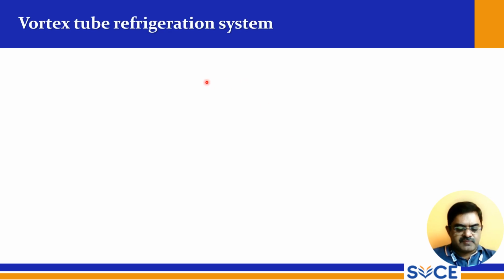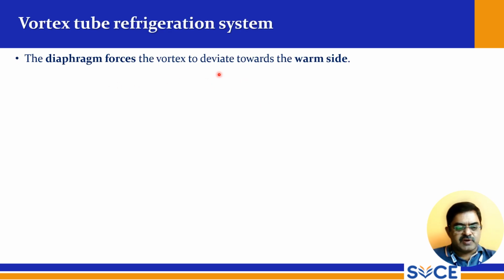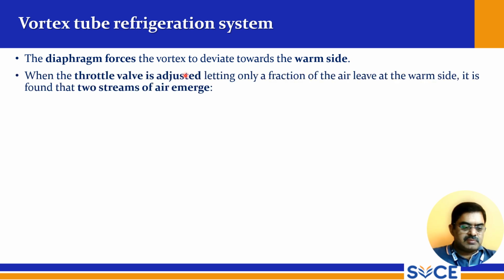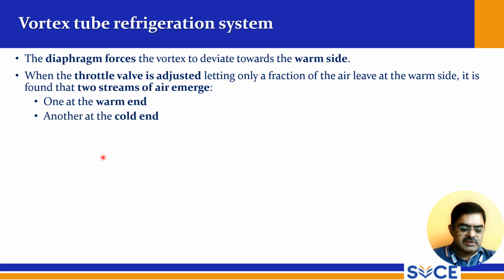The diaphragm forces the vortex to deviate towards the warm side. So the vortex form is very important, and the tube is made in vortex form. When the valve is adjusted, letting only a fraction of air leave the warm side, two streams of air emerge, one at the warm end and another at the cold end.